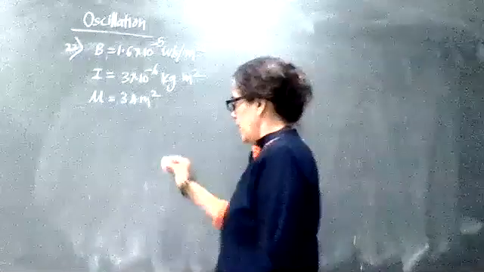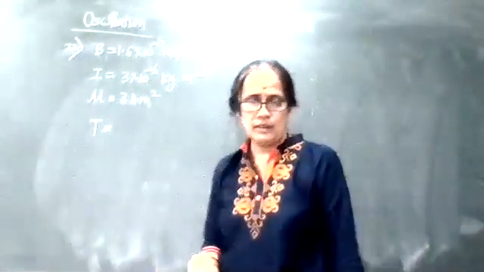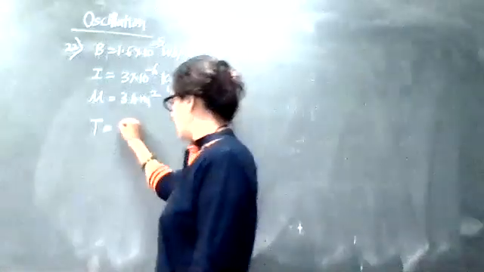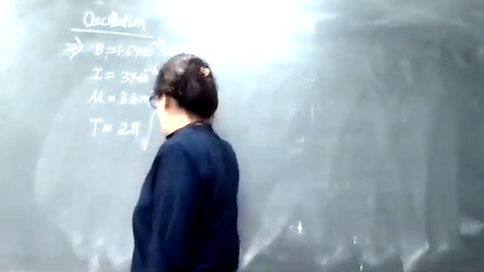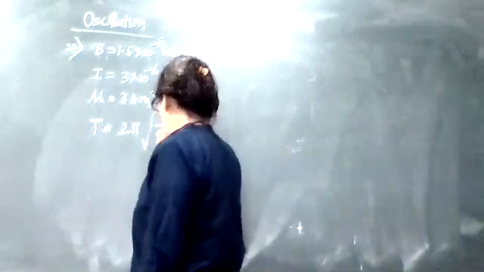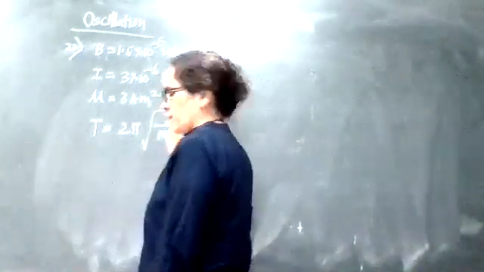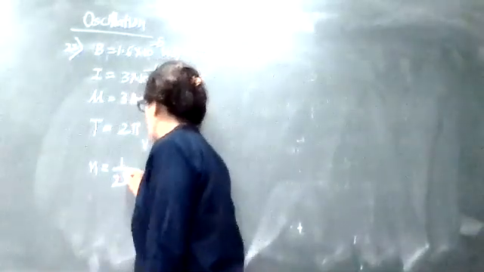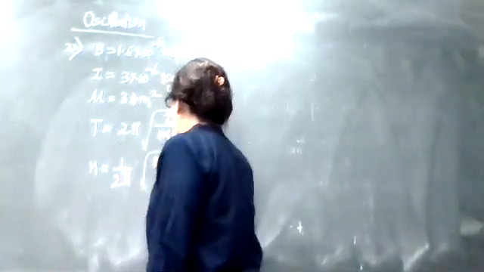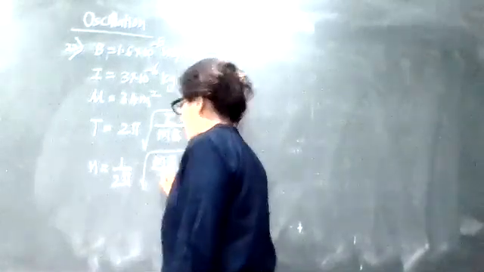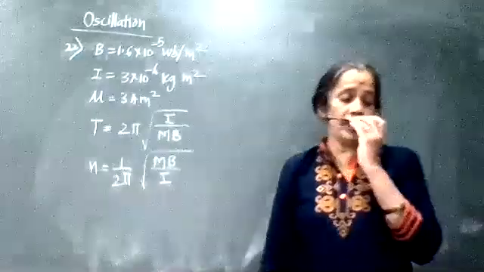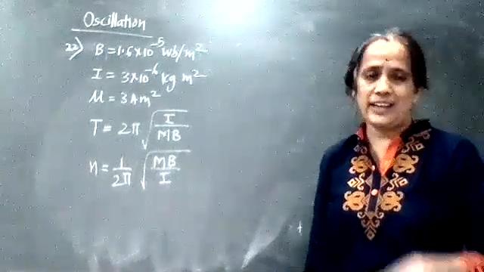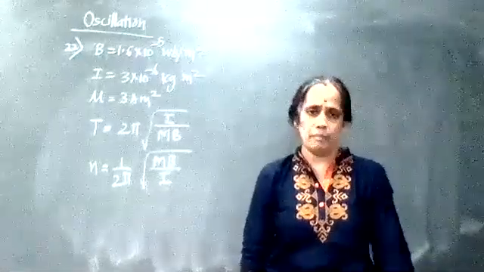Clear? And we have seen the period of a vibrating magnet, T is equal to 2 pi under root of I upon mu B. Therefore, I can write frequency is equal to 1 upon 2 pi under root of mu B upon I. So I'll first find out frequency per second and then I'll go for the frequency per minute.